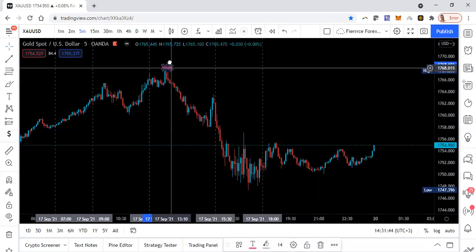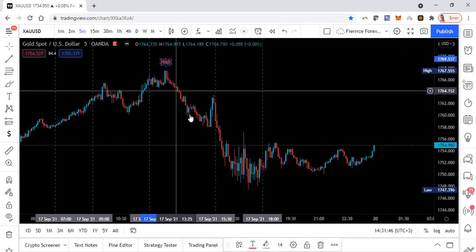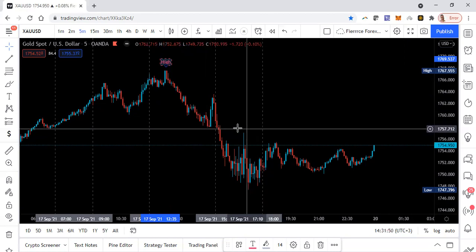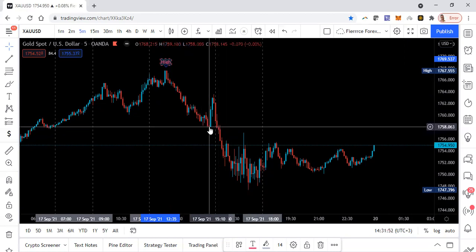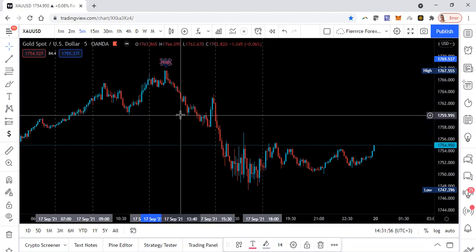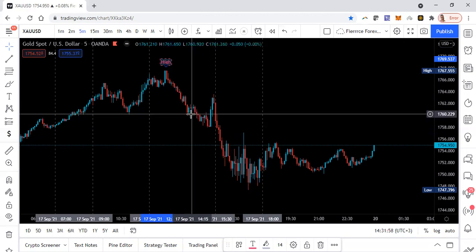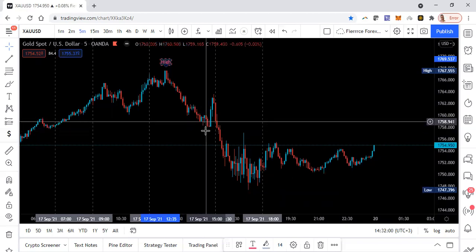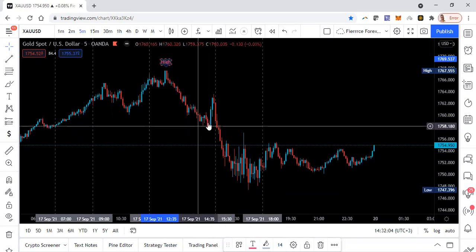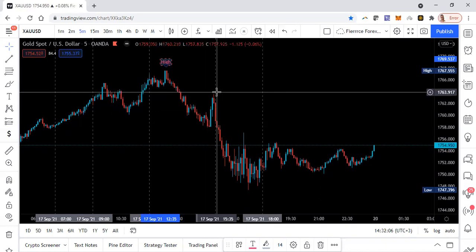So this was the high, and then it pushed down. At a point where it stopped dropping, we can see it stopped dropping here and then rejected. We can also see another level here that also stopped dropping and then pushed up. But this is the significant one that I'm looking at, really. It stopped here, then it pushed up.